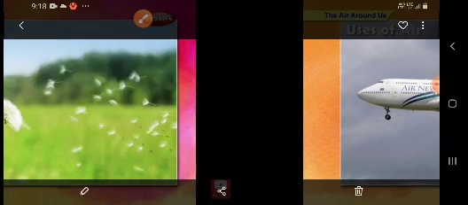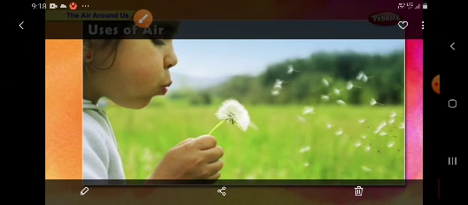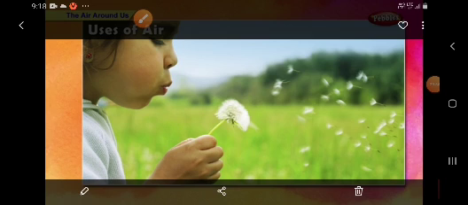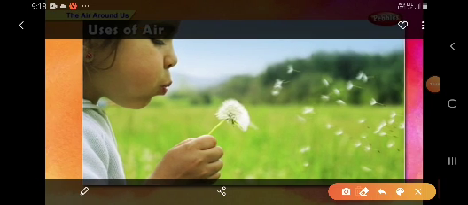Now children, here is a plant. In this plant there is a flower-like structure, this is the dandelion. It is a type of flower which disperses through air.